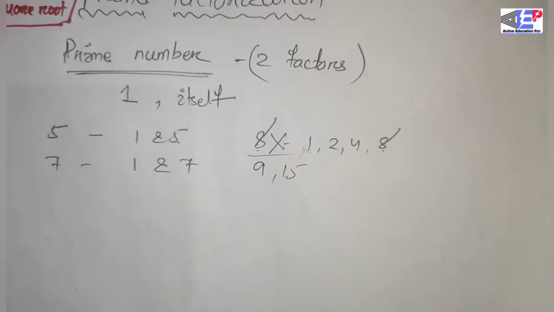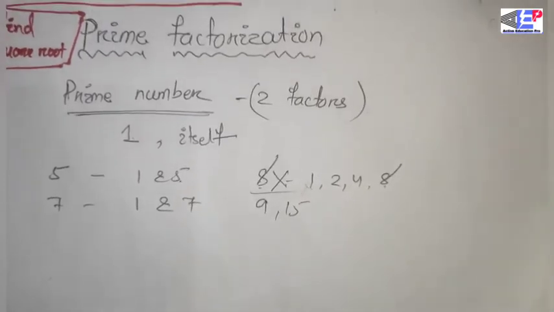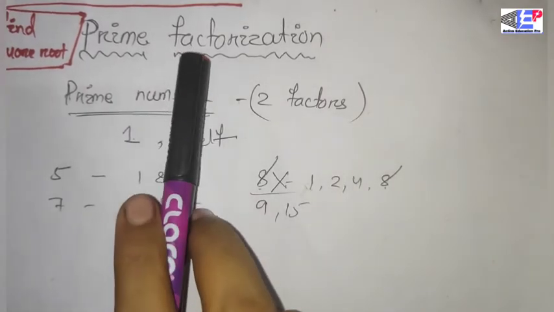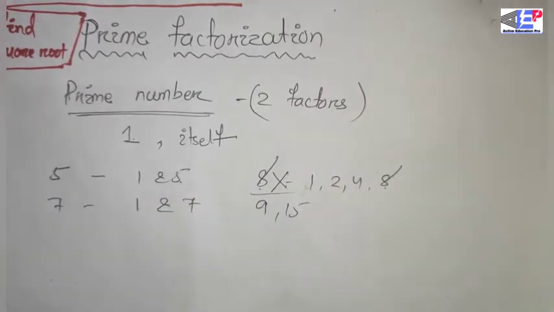Another important thing, to find square root there are two methods: prime factorization and long division. Prime factorization is only for small numbers, because if you take a large number it takes a long time to factorize it with prime numbers.